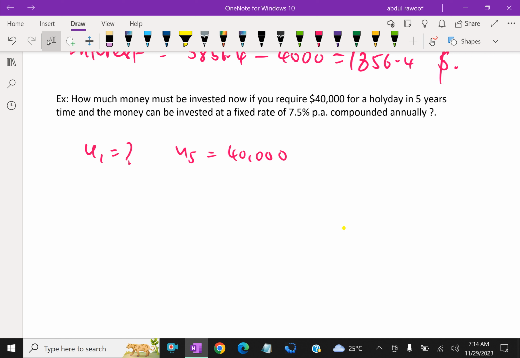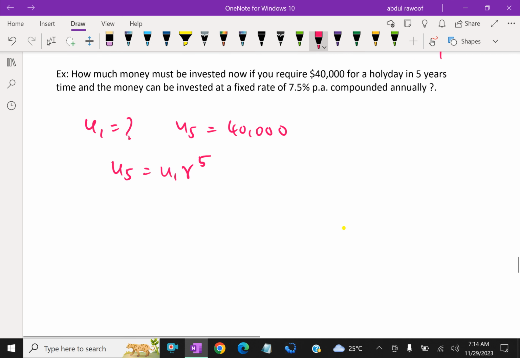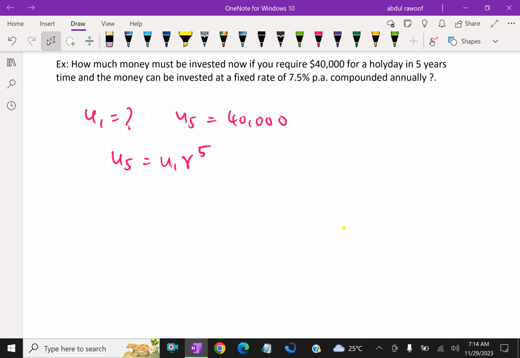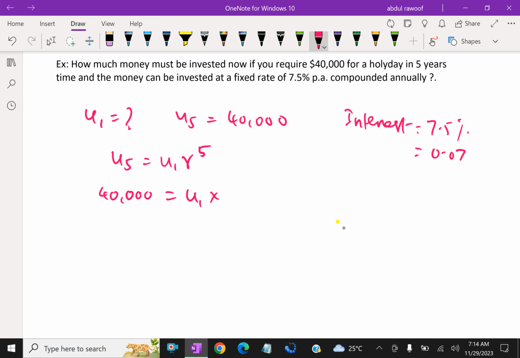and so the formula is U5 equals U1 into R to the power 5. Here U5 is $40,000, U1 into R. The rate of interest is 7.5%, which is 0.075.